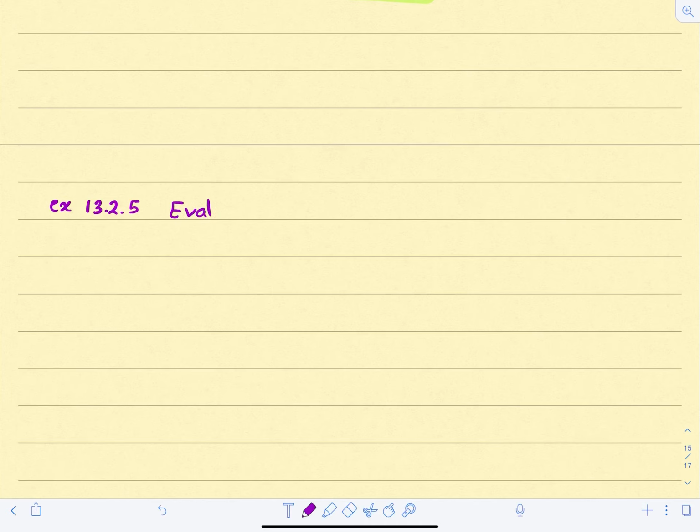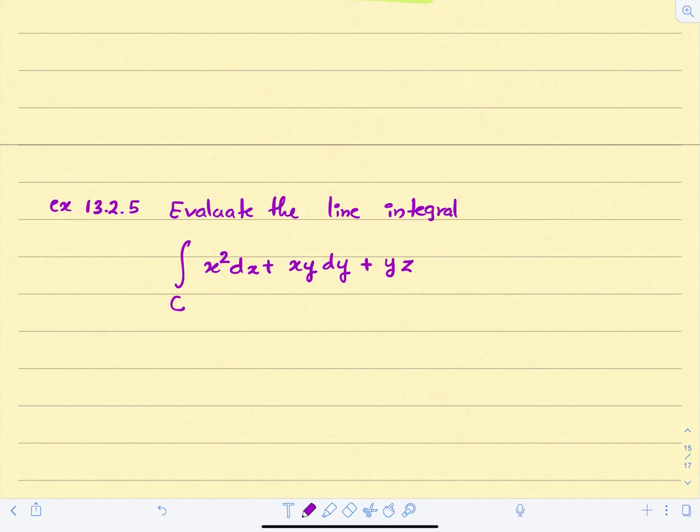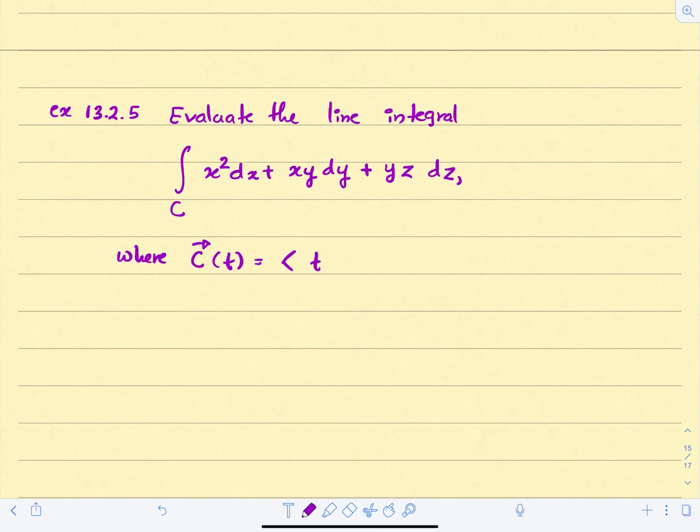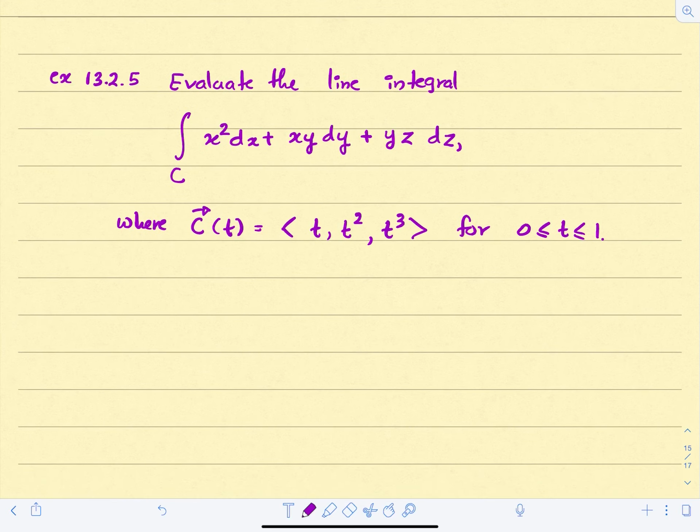Let's say evaluate the line integral of x squared dx plus xy dy plus yz dz, where C of t equals t comma t squared comma t cubed, for 0 less than or equal to t less than or equal to 1.